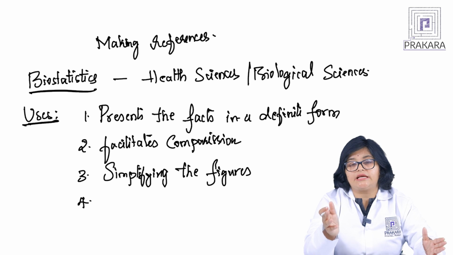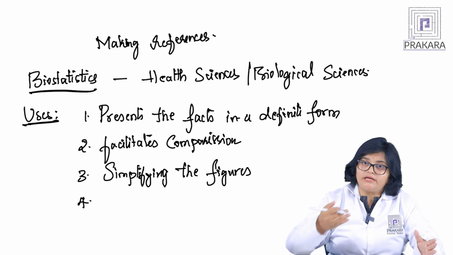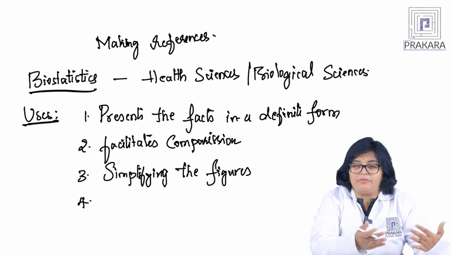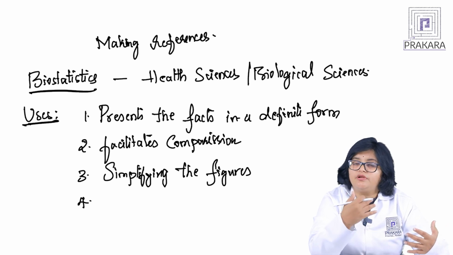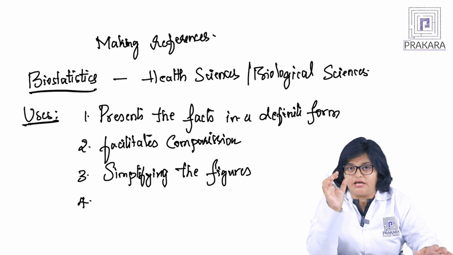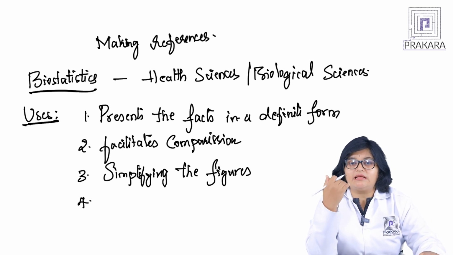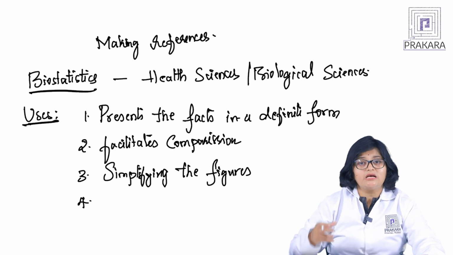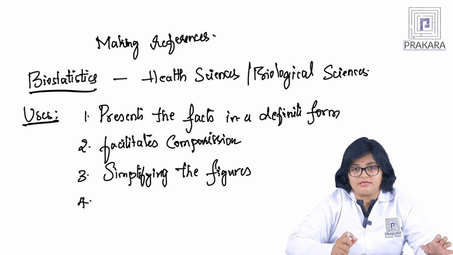Simplifying here means that instead of taking all the data, you may take the average, like the geometric mean or arithmetic mean. You will be taking different types of values. That is simplifying the figures. That means reducing the number of steps you have to perform in finally interpreting the results.